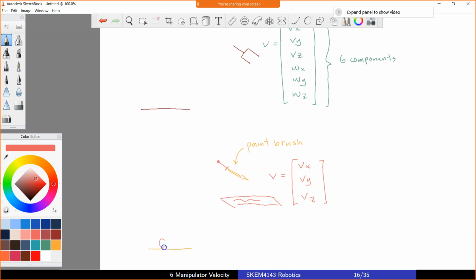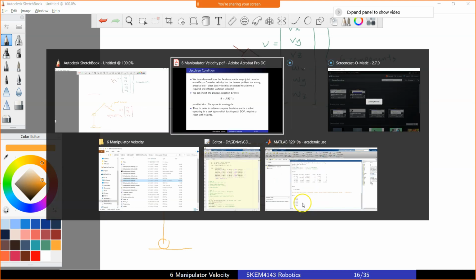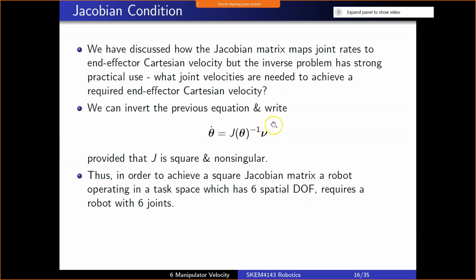Okay, so probably you need 1 joint here, joint number 1, joint number 2, and joint number 3. So a robot arm with 3 joints will be enough for a painting, drawing, or writing application. Okay, so that is the significance of this equation.